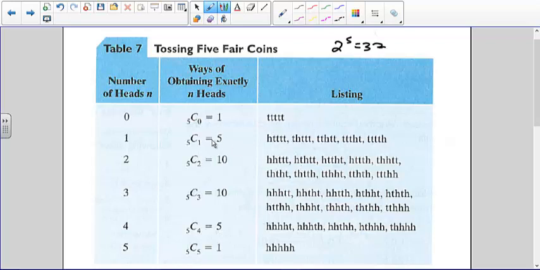But to do them in these groupings of 0, 1, 2, 3, 4, 5 heads, the numbers turn out to be just the values of the combinations, even though it may not look like a combination problem. Initially this doesn't look like a combination problem because I don't have 5 things and I'm taking 2 at a time where order is not important, because it looks like order is important here.